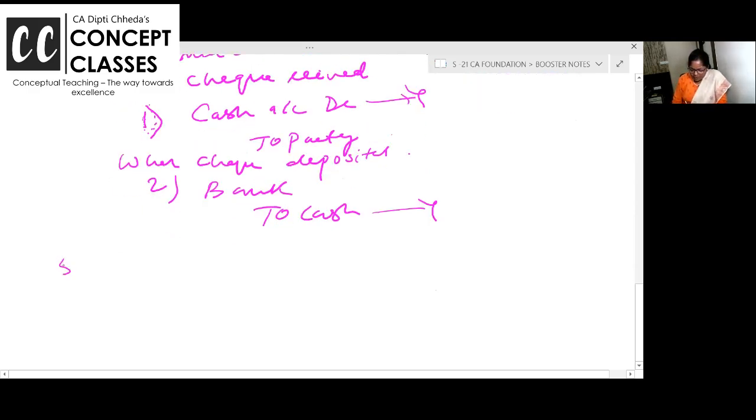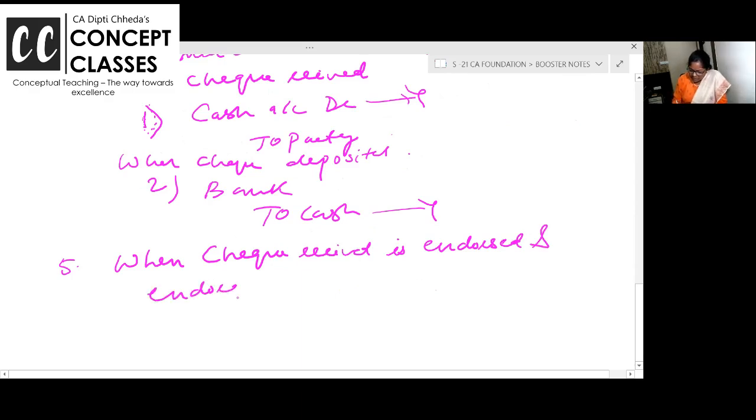Same for endorsement. When check received is endorsed and endorsed check is dishonored, no entry.